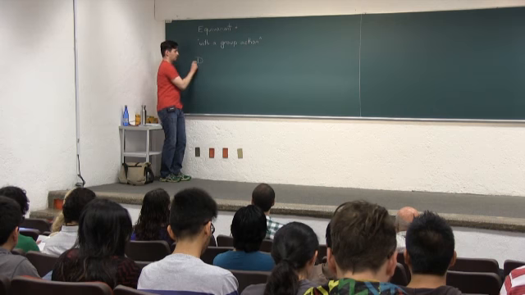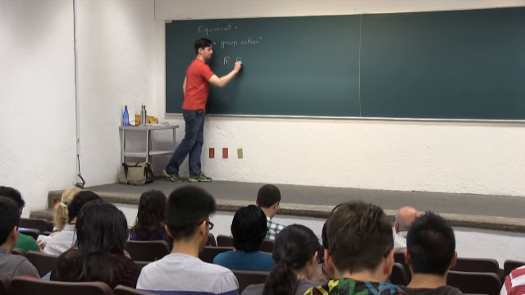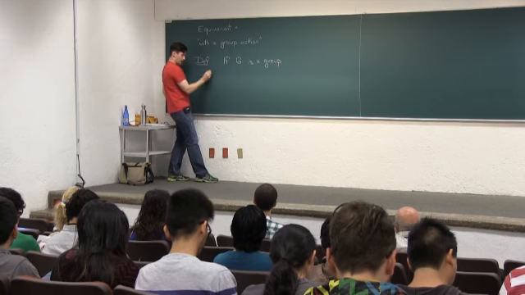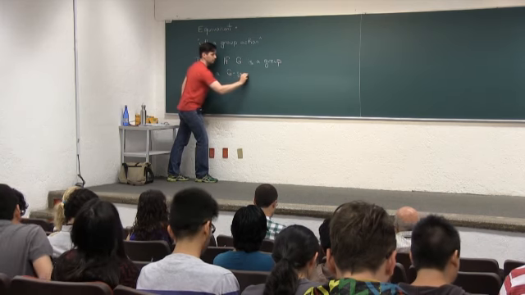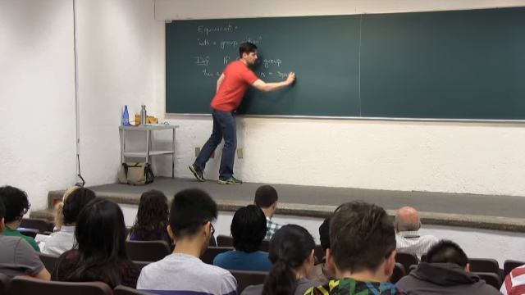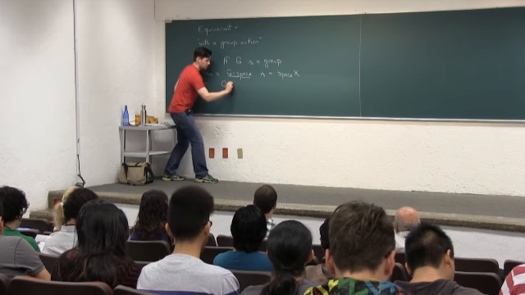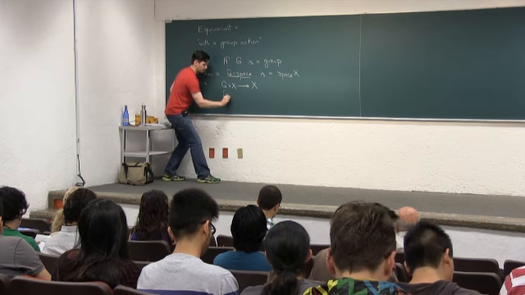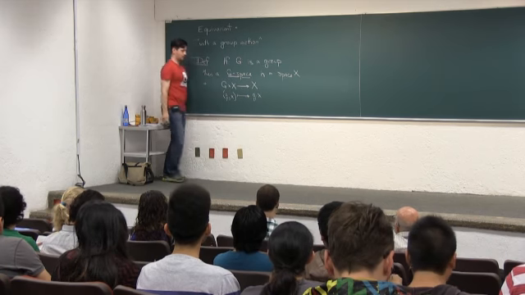So what do I mean when I say with a group action? I'll start by just making the definition. If G is a group, then a G-space is a space X plus a map from G cross X back to X that I'll just write as follows: a point (g, x) is going to go to g·x.